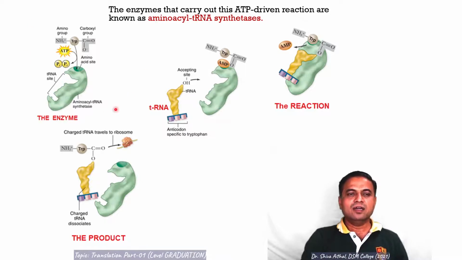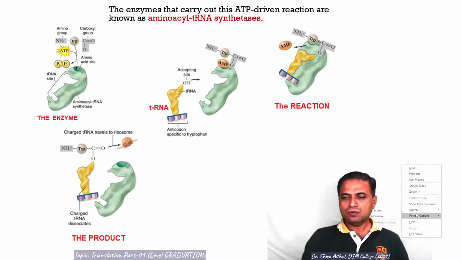See the final mechanism now. This is the enzyme containing sites. This is the tRNA site, this is the amino acid site. So right now, this is an uncharged tRNA. See here, this is an uncharged tRNA.